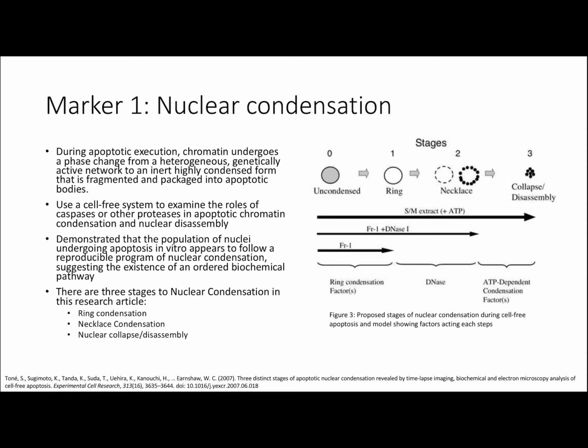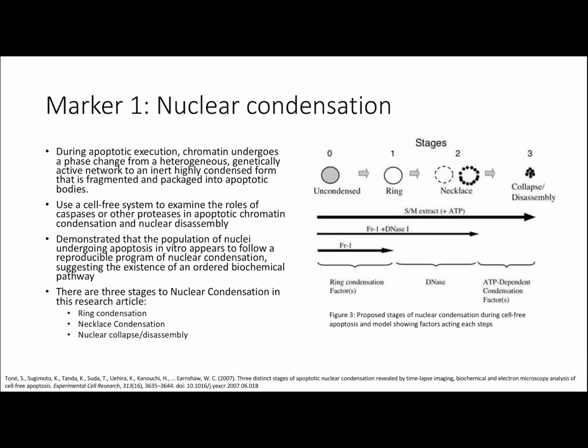While they did all of this, it was shown that there are 3 stages to nuclear condensation, and that would be a ring condensation, necklace condensation, and a nuclear collapse and disassembly. So the ring condensation has to do with the nuclei collapsing.